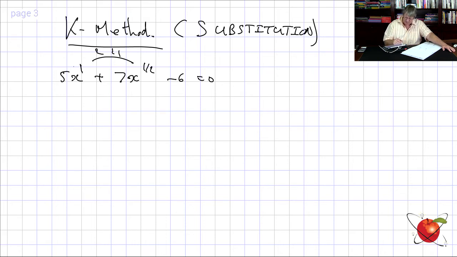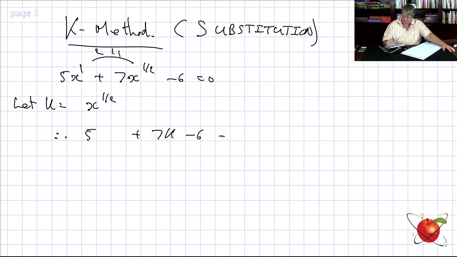What do I say up front? Let K equal x to the power of a half. Therefore, 5k squared plus 7k minus 6 is 0. What goes here? Therefore, k squared is equal to x.